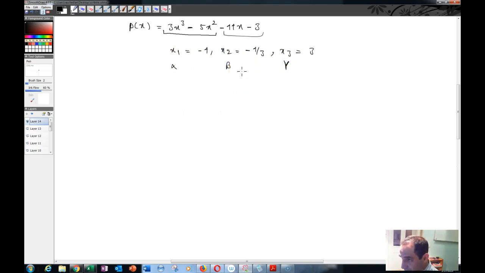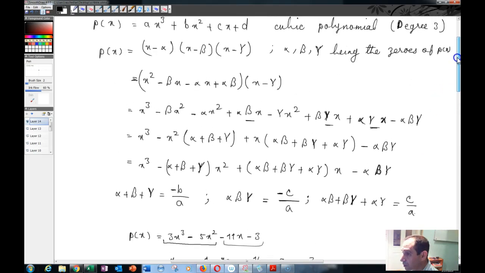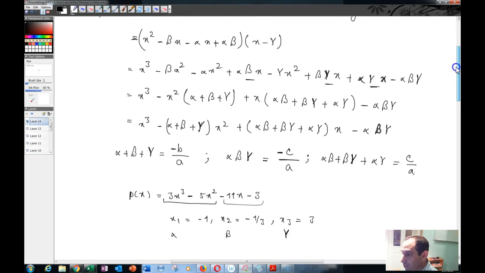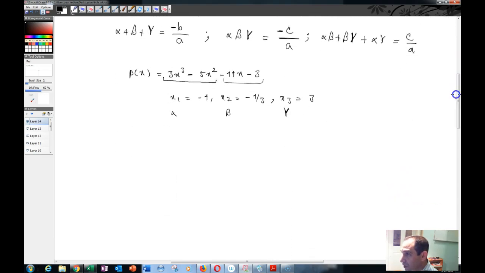So that's basically that. Now, in the previous, basically over here, we said that there are these relationships between the roots and the coefficients of a third degree polynomial.